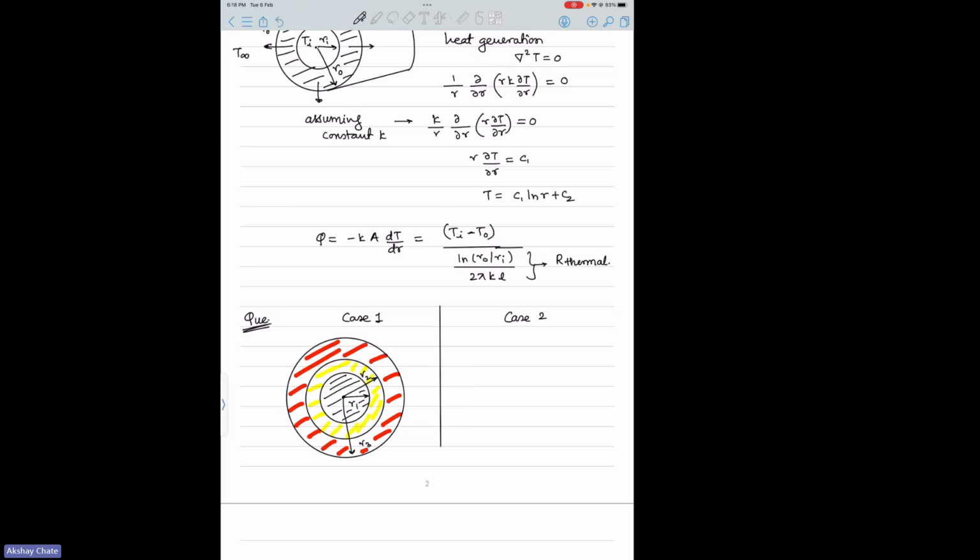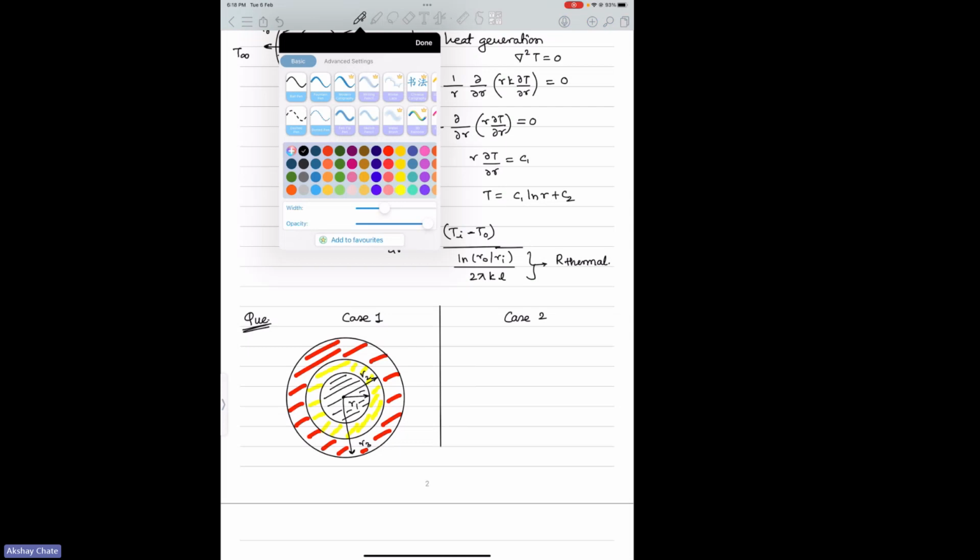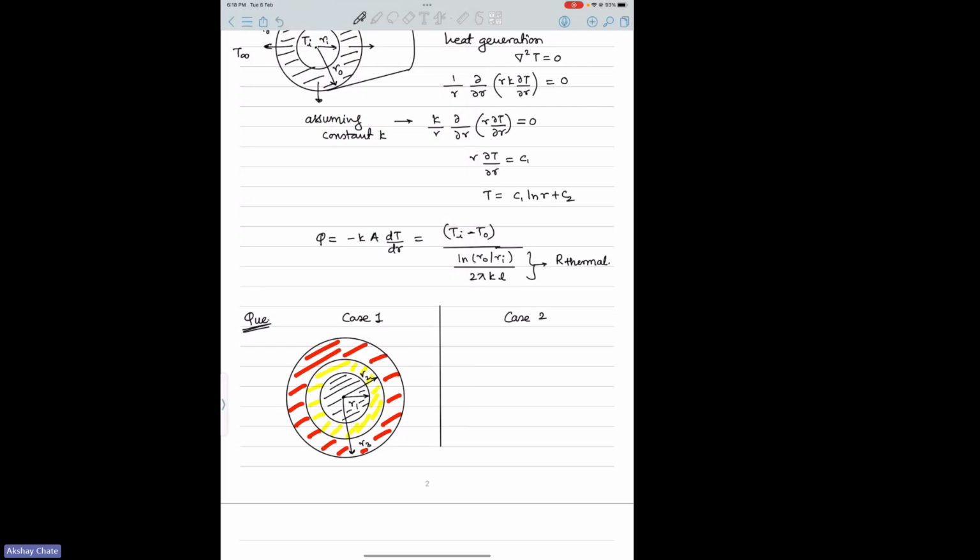So basically you have two options. This yellow material will have thermal conductivity K, and the red material will have thermal conductivity 2K. So basically, you have to cover a pipe, and you have two options. First is there are two materials.